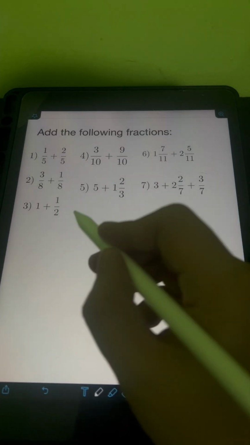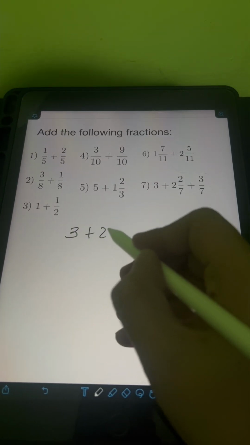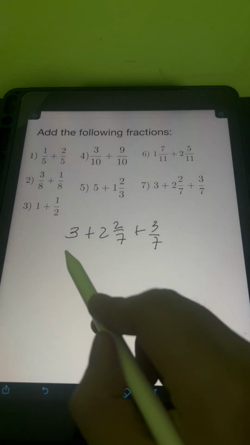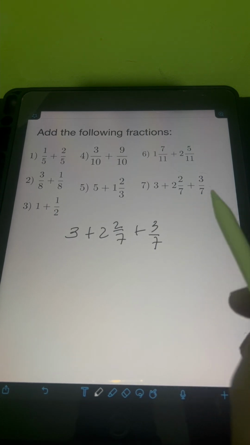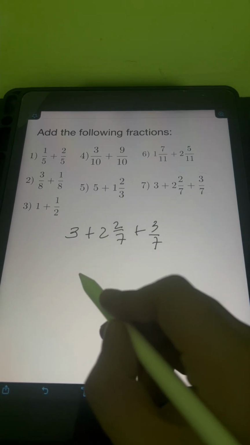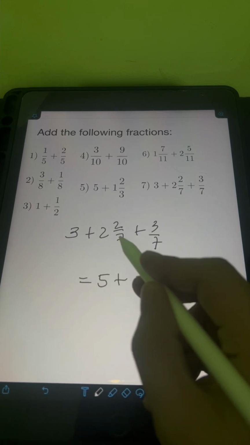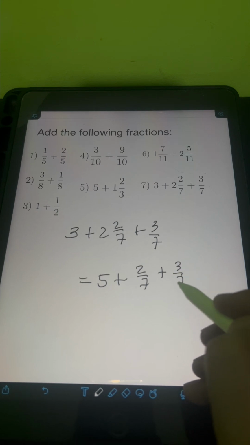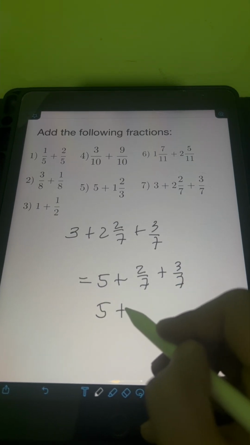Next, for number 7, we have 3 plus 2 and 2/7 plus 3/7. So we have a whole number plus a mixed number plus a fraction. Let's start by adding the whole numbers. We have 3 plus 2, that's 5. And then plus the sum of the fractions, 2 sevenths plus 3 sevenths.